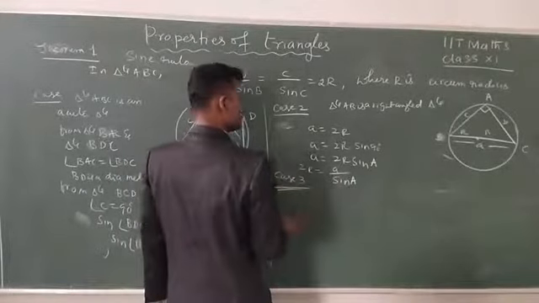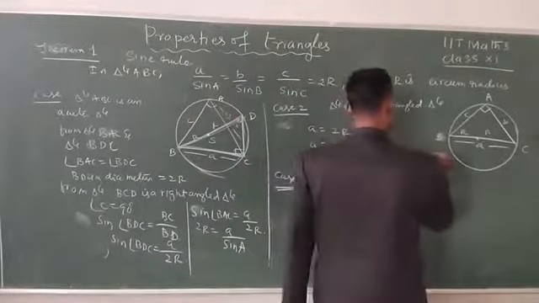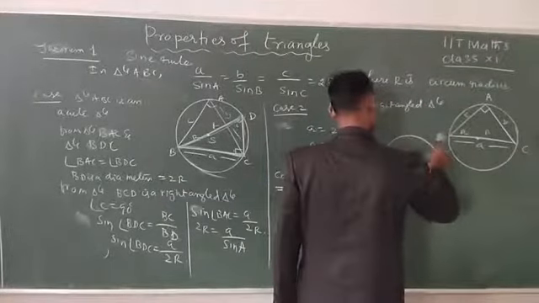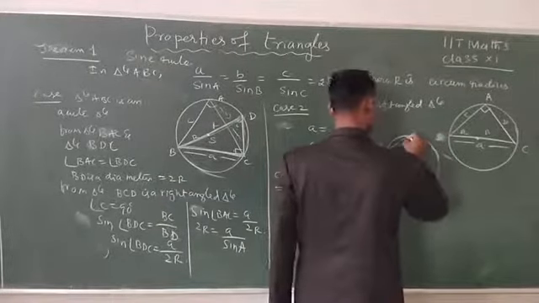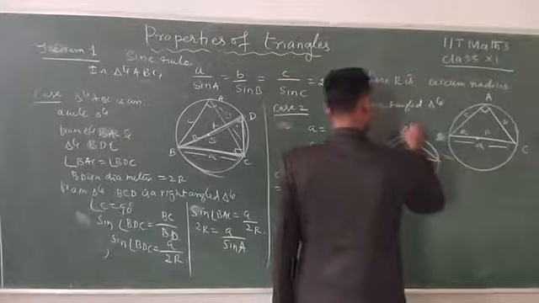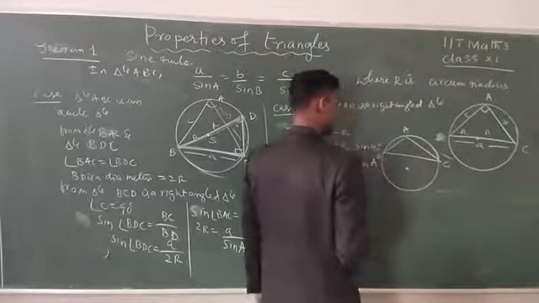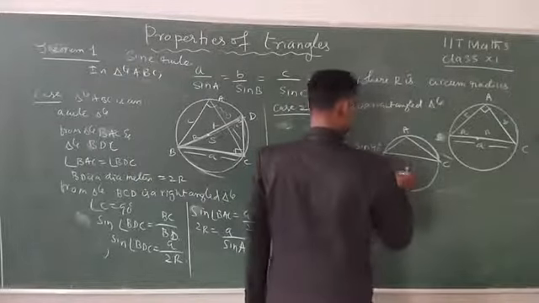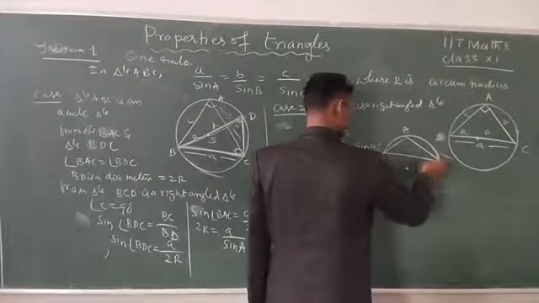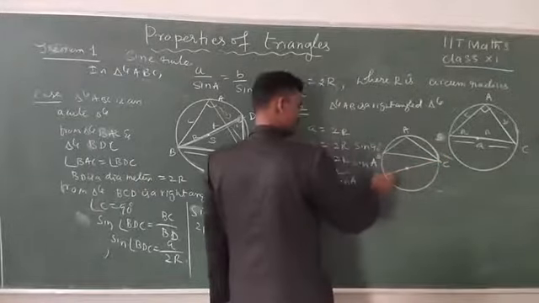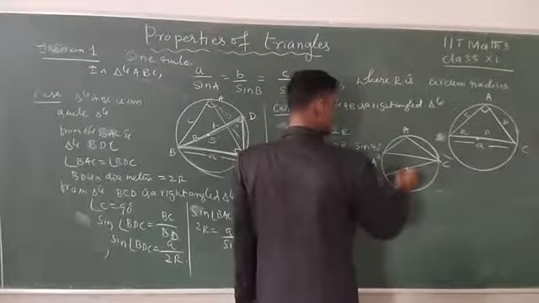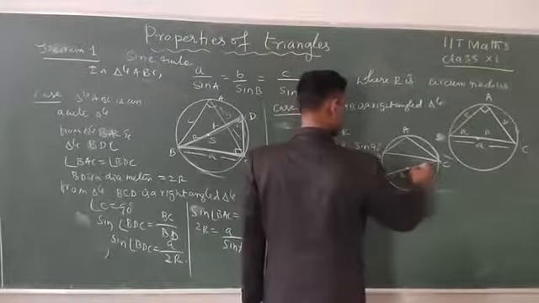Case 3: here you take an obtuse angle triangle ABC. Here this is the center S. Now you have to draw one chord. This is D. This is the diameter, means R plus R, 2R.